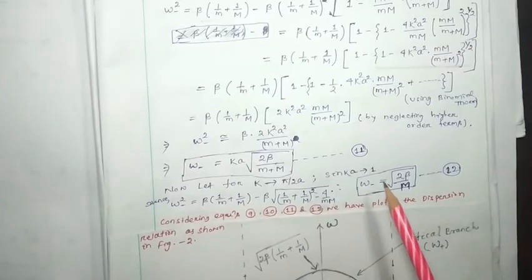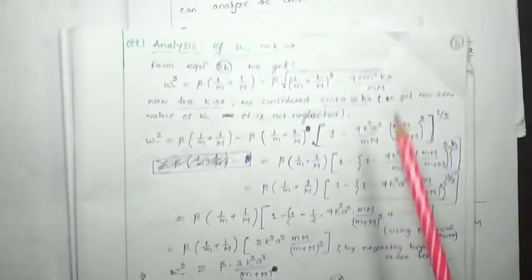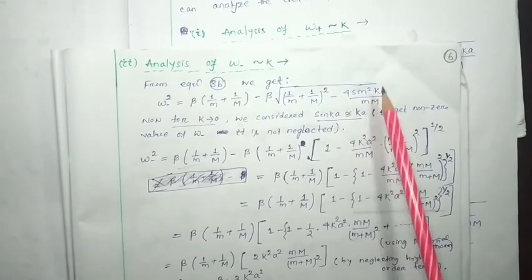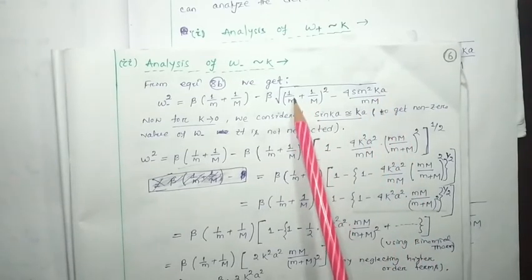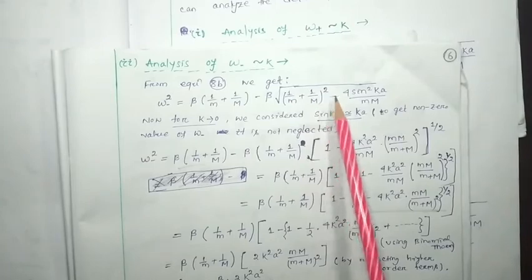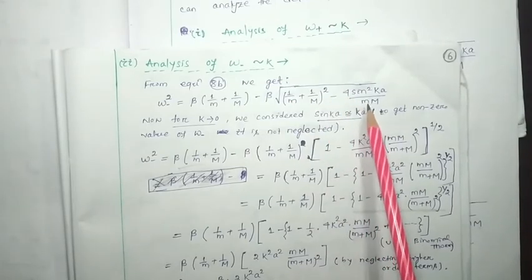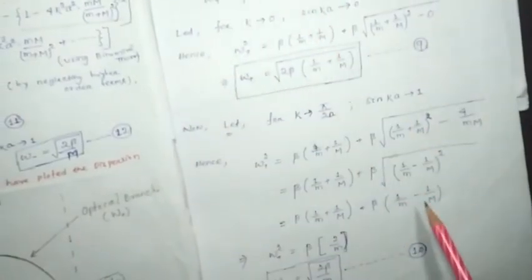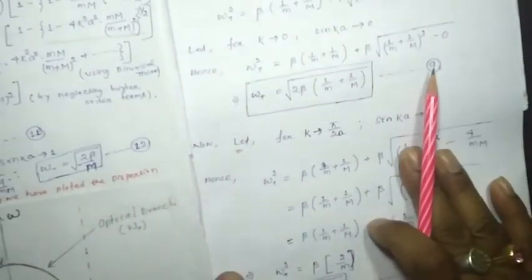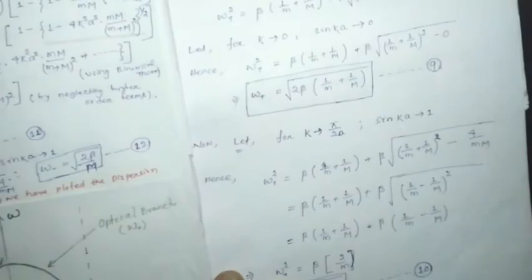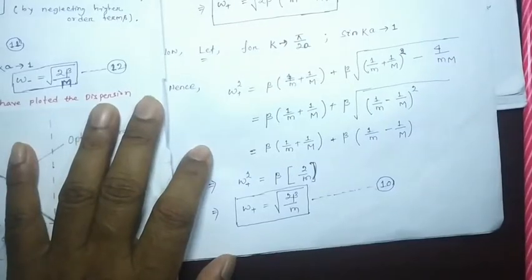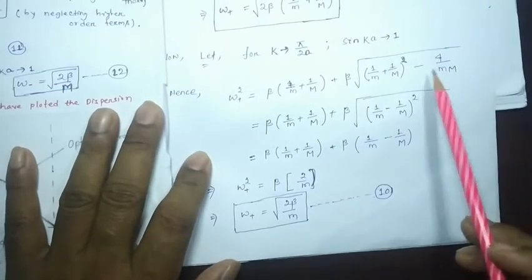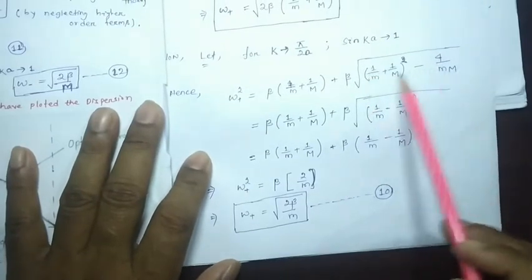If sin k is 1, then instead of sin square k, it will be 1. So it will be 1 by m plus 1 by M, square minus 4 by mM, and previously we found that this is nothing but 1 by m minus 1 by M square. Previously we found that this value is nothing but this one.